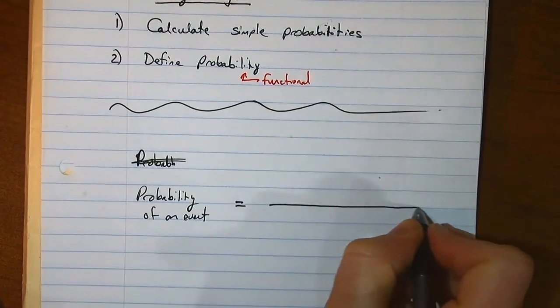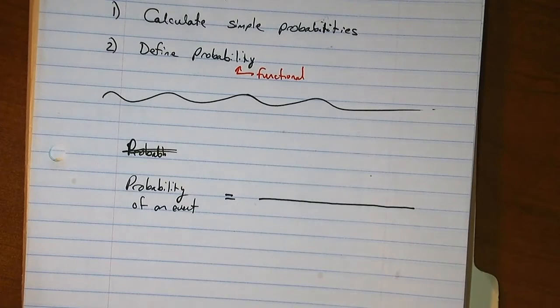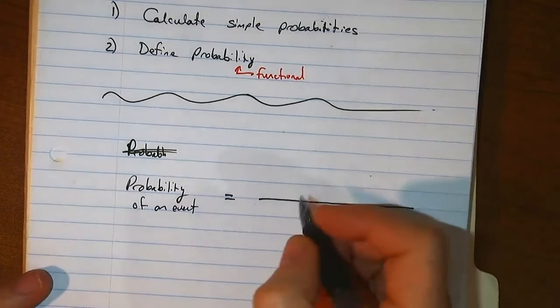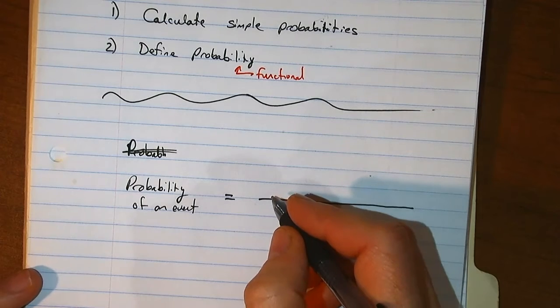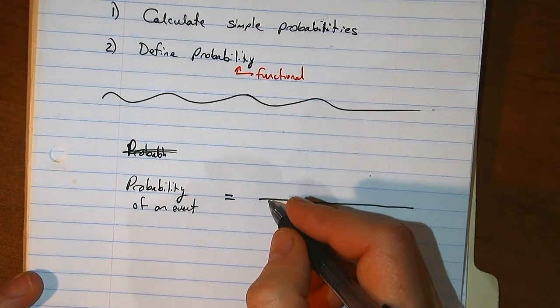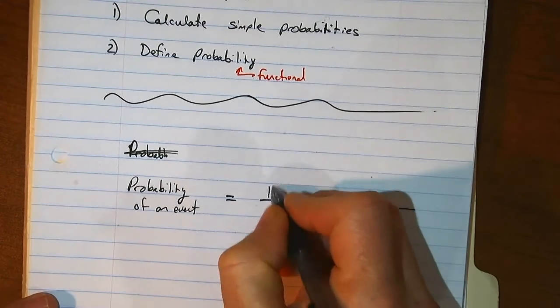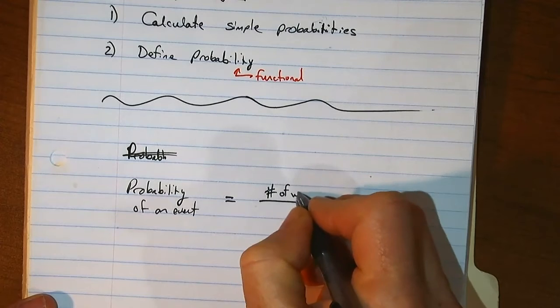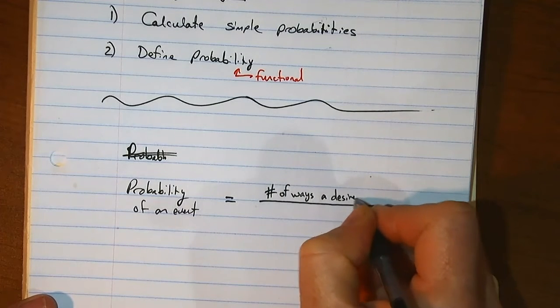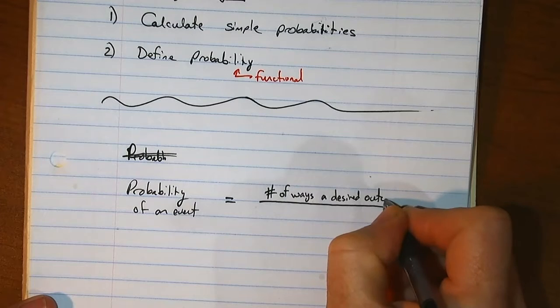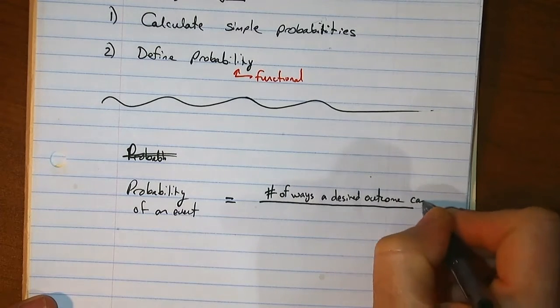So the ratio, the fraction, where we count up the number of ways that the desired outcome can occur.